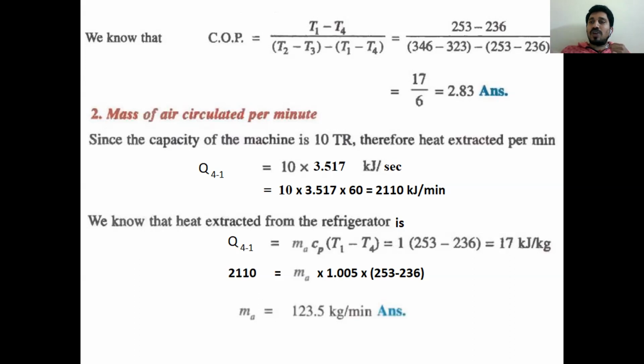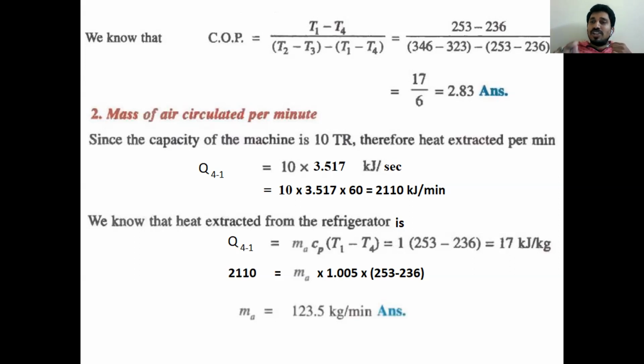In process 41, maximum temperature you will see at section 1, because when heat is removed from the cooled space, air temperature increases. So from 4 to 1, temperature value gradually rises. So at section 1 you will see high temperature. That's why I wrote T1 minus T4. So Q41 is equal to m_a Cp T1 minus T4.